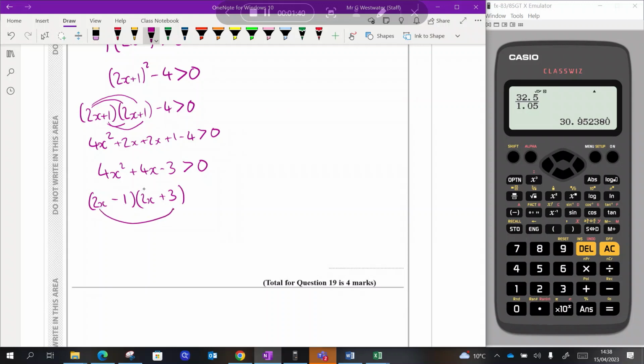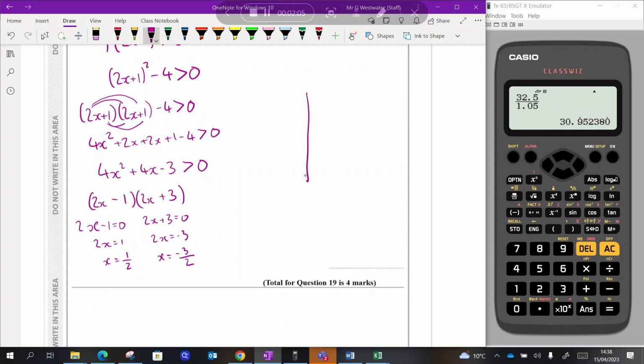It's going to be plus 6x minus 2x for that 4x in the middle. So here 2x minus 1 equals 0, or 2x plus 3 equals 0. So 2x equals 1, or 2x equals minus 3, and x either equals a half or minus 3 over 2.